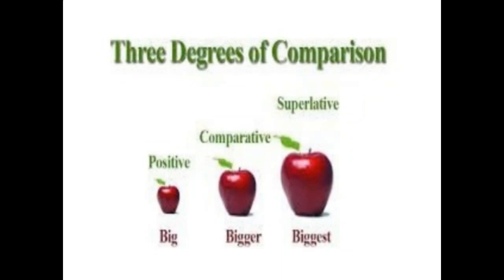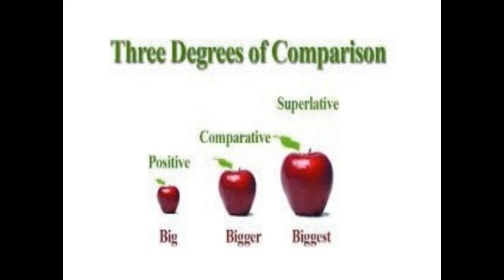The first one I say is big, but when I look at the second one, I say that the second apple is bigger than the first one. Now, if I look at the third apple, I say that the third one is the biggest of all the three apples. So when I'm making a comparison between the first and the second one, I'm saying that the second one is bigger.